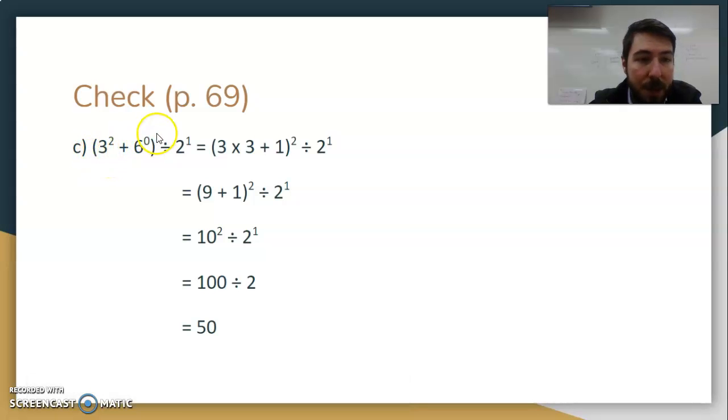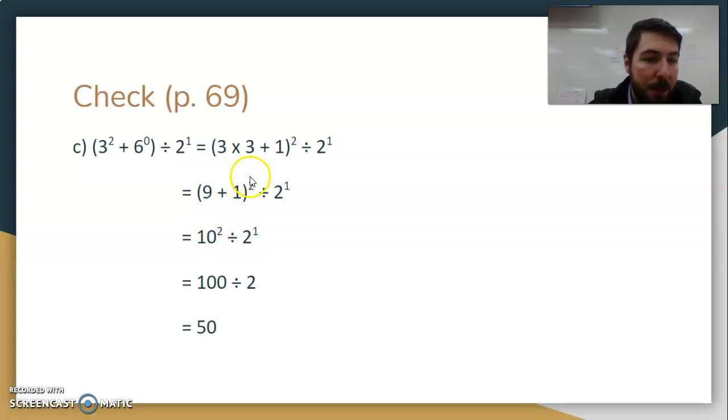So C, we have brackets here, and we have an exponent here. So again, we're going to start with the brackets. So 3 squared is 3 times 3, which is 9. And 6 to the power of 0 is 1. So we have 9 plus 1 in our brackets, which equals 10.